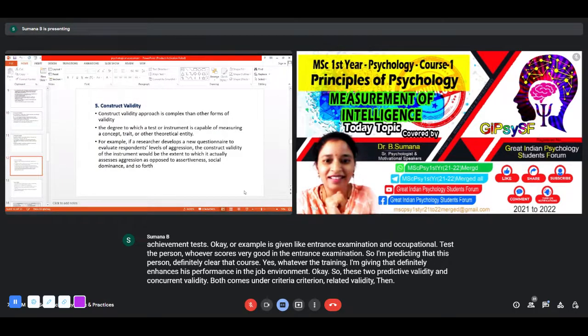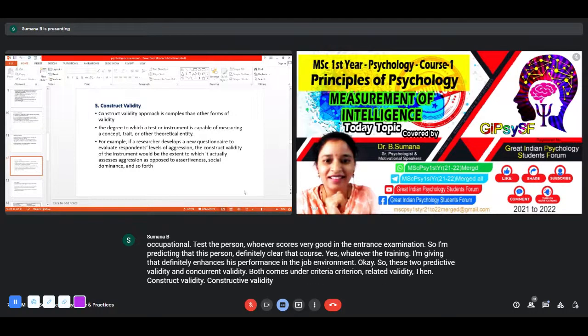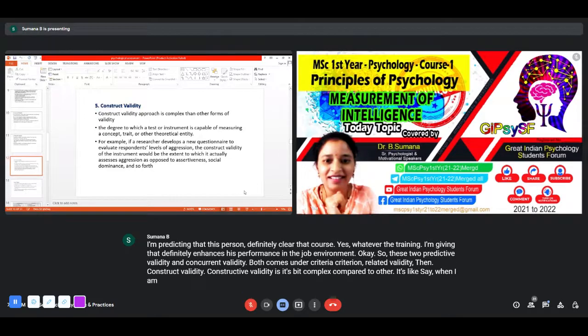Then construct validity. Construct validity is a bit complex compared to the others. In the previous class also I might have given this example for factor analysis.